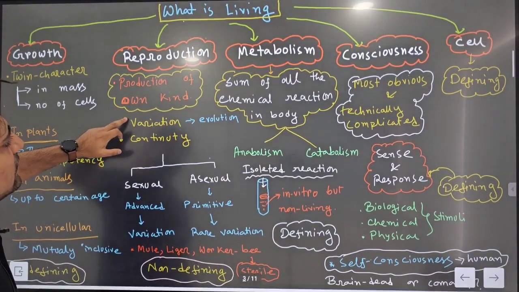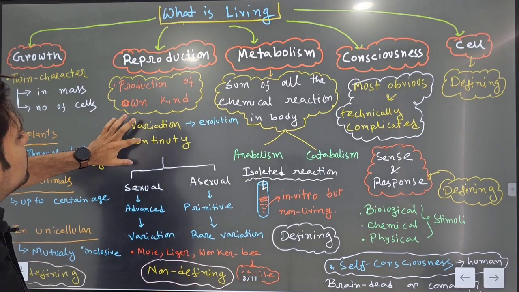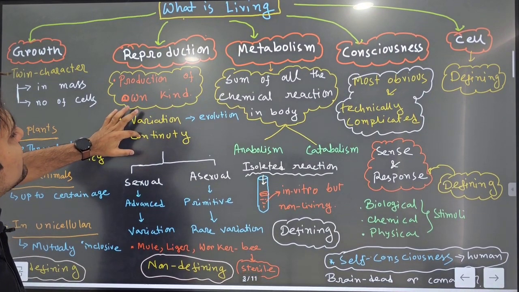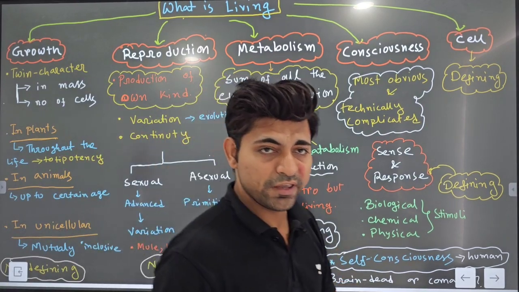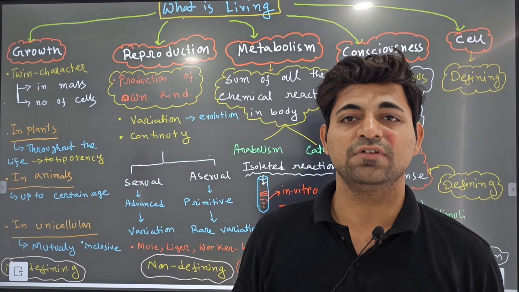So from here the chapter really starts, with the question: what is a living being, and how can we differentiate a living being from a non-living one?